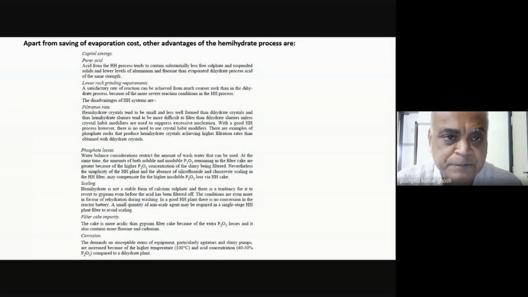So one is that it tends to form a purer acid, the hemihydrate process compared to the dihydrate process. There are less sulfate and suspended solids. The fluoride content will be less because of the reasons we mentioned.